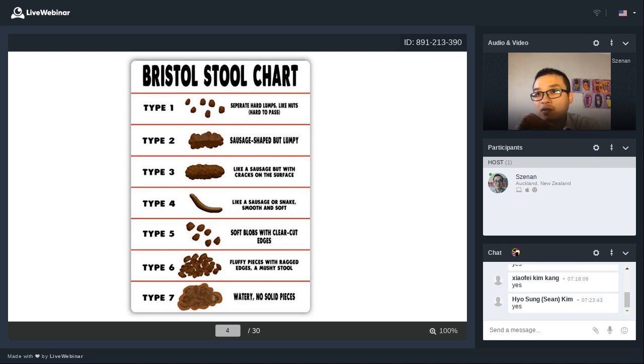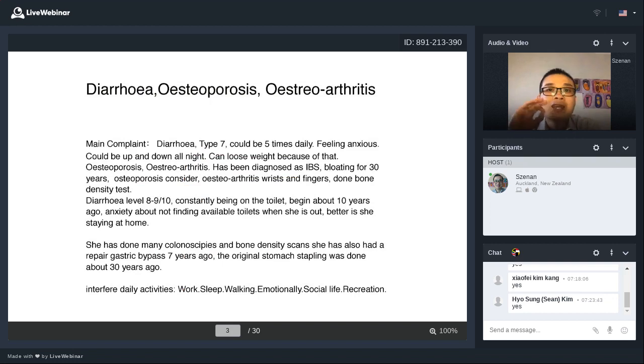They don't go for a few days, but when they go, they get loose, watery bowel motion. In Chinese medicine terms, this is not constipation. This is diarrhea. But a few patients will say constipation. Even in our form, we actually put down constipation and diarrhea, and some people will tick that. Okay.